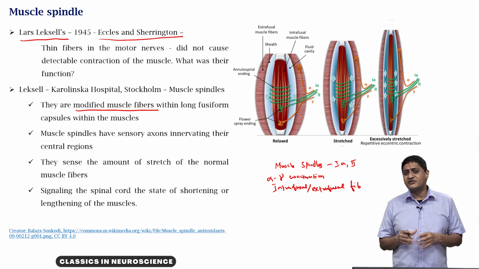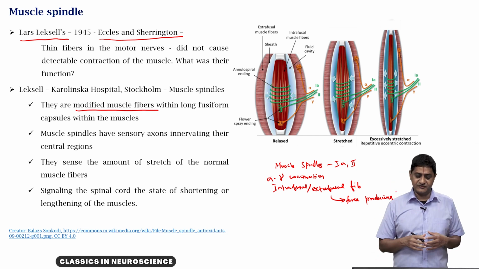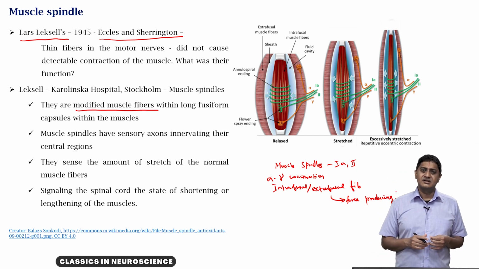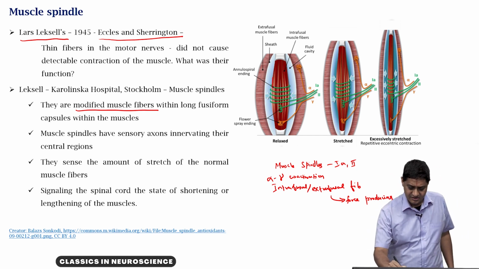The original muscle fibers that produce force are called extrafusal fibers. These are the force producing fibers. The intrafusal fibers are modified forms of the extrafusal fibers within long fusiform capsules within the muscle. So, they are in parallel with the extrafusal fibers. You have these force producing fibers and within these you have these small intrafusal fibers.